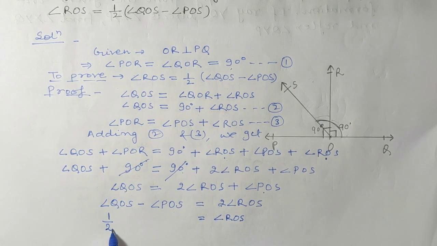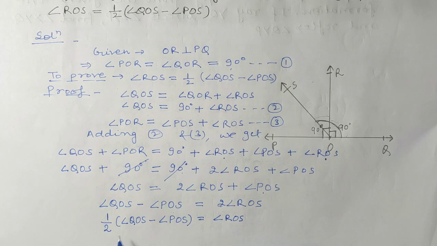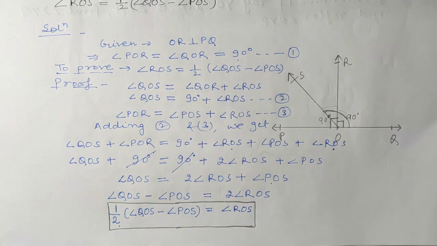So we can write that 1 by 2 into QOS minus angle POS. Okay, this 2 will be divided, so we can write it like this also. So this was to prove in this question. Okay, try to understand it in easy way.